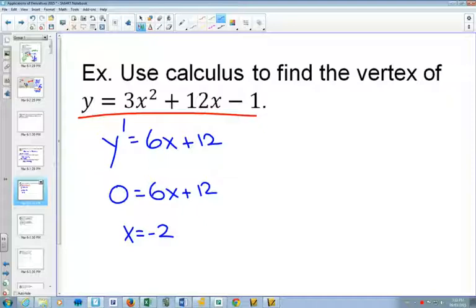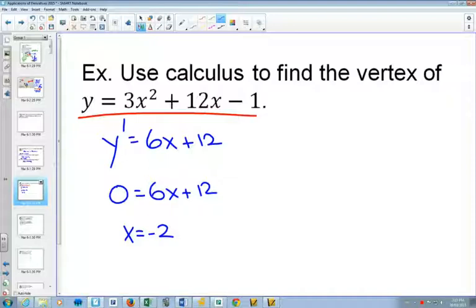The one thing that you're going to have to focus on is there's going to be times that you're going to want to plug -2 back into the derivative, and there's going to be times where you want to plug the -2 back into the function. So one thing to ask yourself: what point am I trying to find? Am I trying to find something that the derivative is telling me, or am I trying to find something that's on the original function?